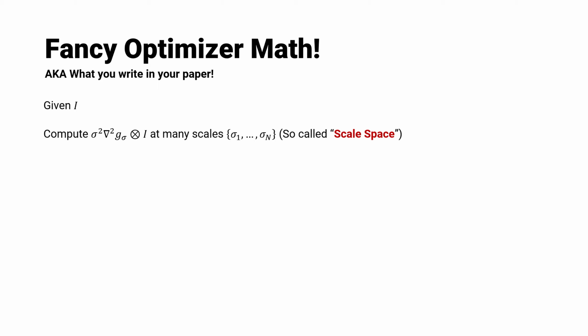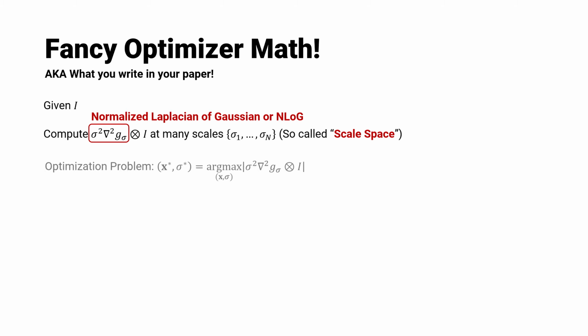This will be called the scale space. And this quantity, sigma square, nabla square, g of sigma, is called the normalized Laplacian of Gaussian, or NLoG. And the optimization problem is essentially to find the blob position and the characteristic scale or blob size where we peak the NLoG, or the absolute value of NLoG.